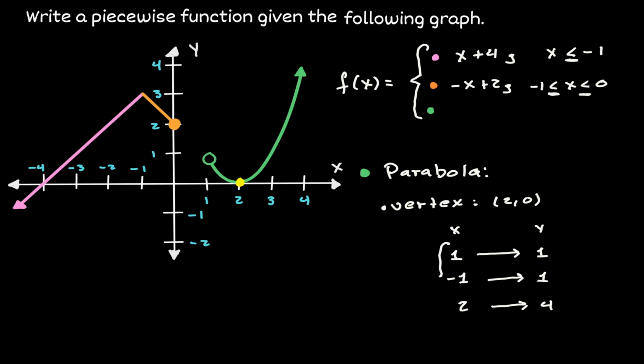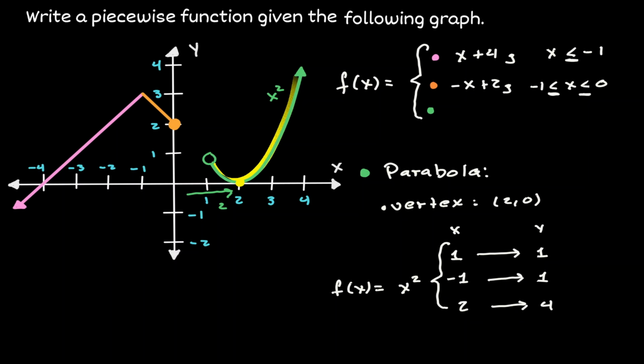And notice that these relationships that we have here are the kind of relationships that we observe if we use the value of x squared. So with this information, it is fair to say that this green section that we have here is nothing more than the function of x squared, where the vertex is being shifted 2 units to the right.